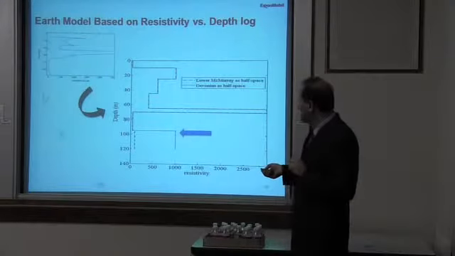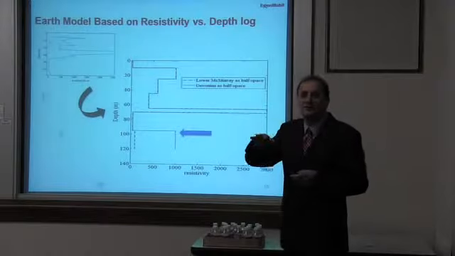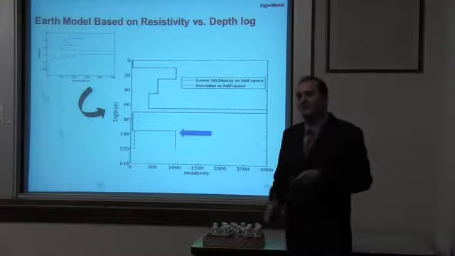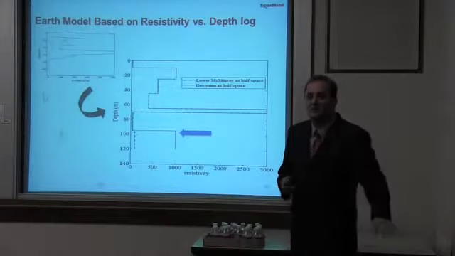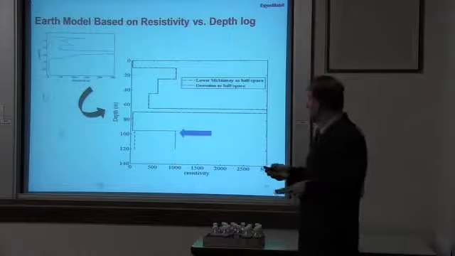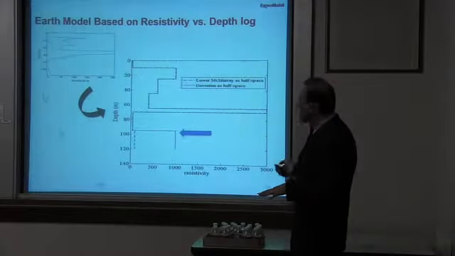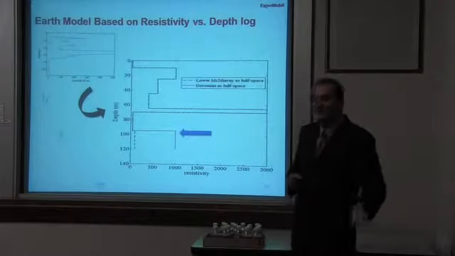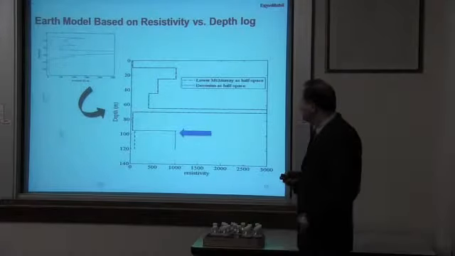In other words, by the time I reach the top of the Lower McMurray, whatever is below it I assume is completely Lower McMurray with the same resistivity. That's why it's called a half space: wherever you see below that has the same resistivity.